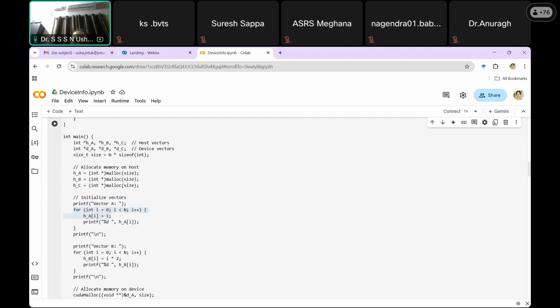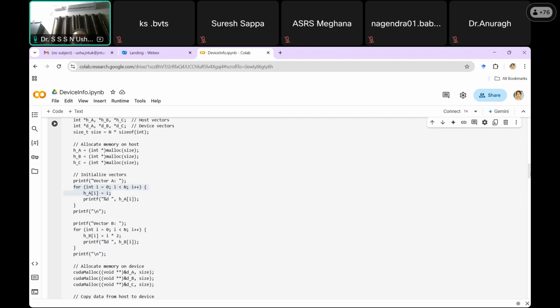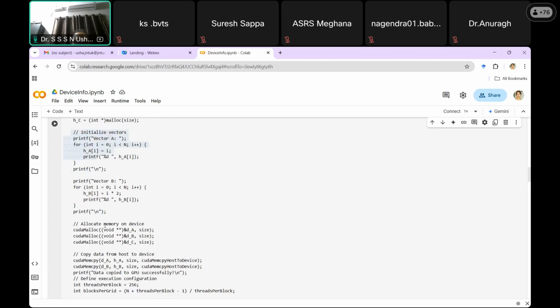Of course, the names seem to be difficult. The reason is to not get confused; otherwise you can take some other names. So, allocating memory, then initializing vectors h_A and h_B. After that, allocate memory on the device, right?